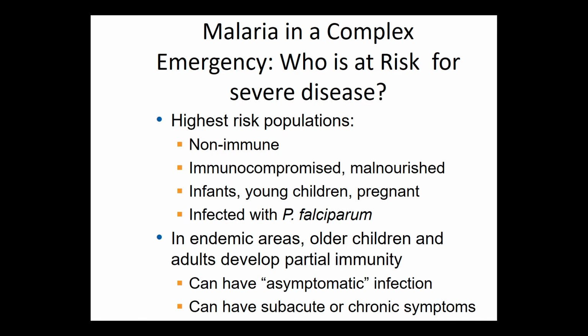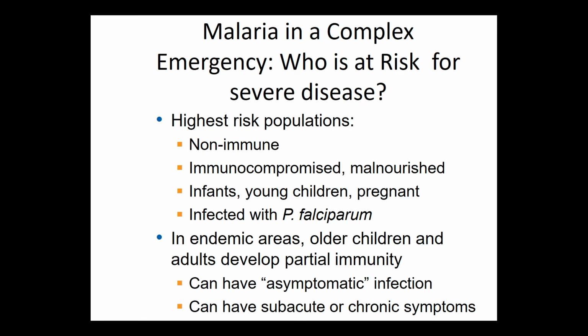By the way, part of the mode of transmission is from mother to child, not only through mosquito bite, but also through blood transfusion. But it's rare because usually we check blood before transfusion, but it may be one of the ways. Infected with Plasmodium falciparum, yes, Plasmodium falciparum much more often gives a severe course.